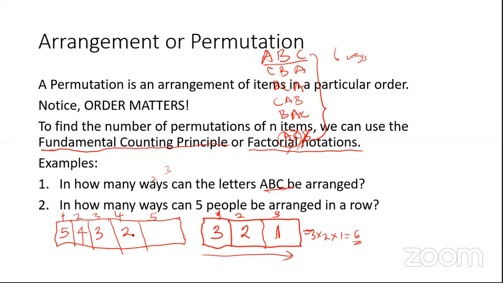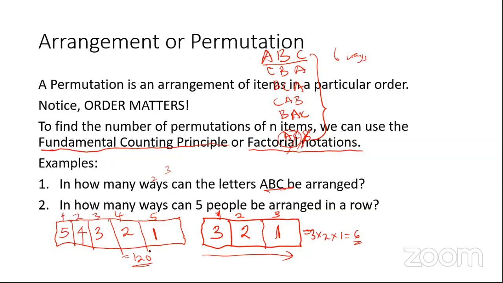Then I'm going to have just 1 person left, so I can put that person here. So that would be 5 times 4 times 3 times 2 times 1, and that is 120. So I have 120 ways in which I can arrange 5 people in a row. That's how we can do that particular question. I hope you are getting it.